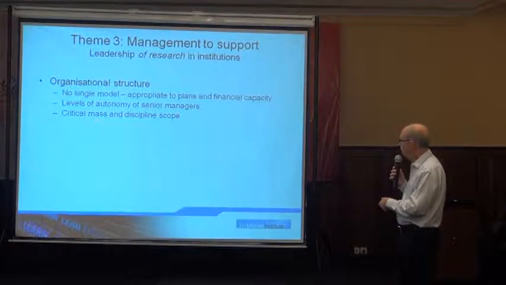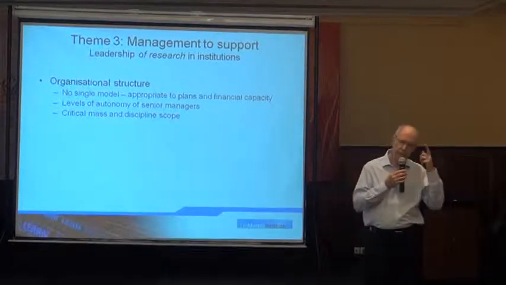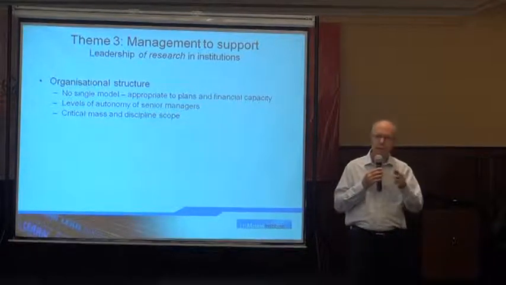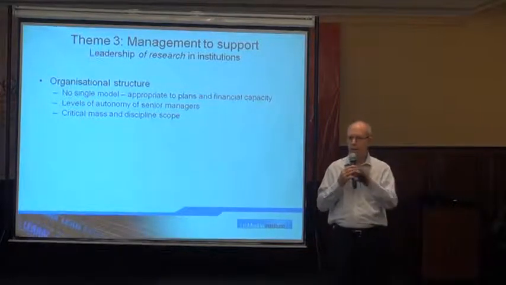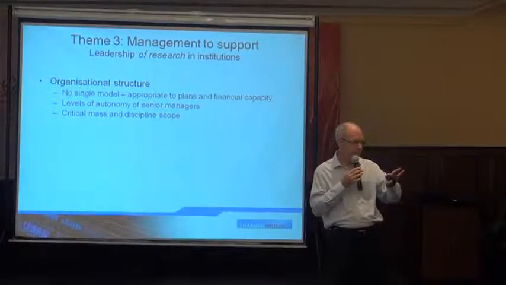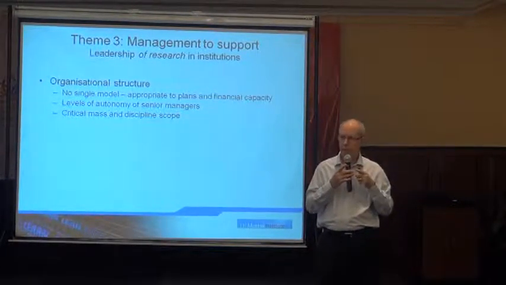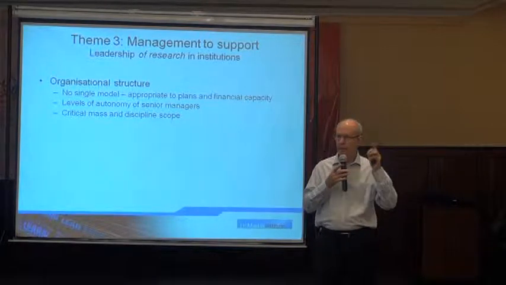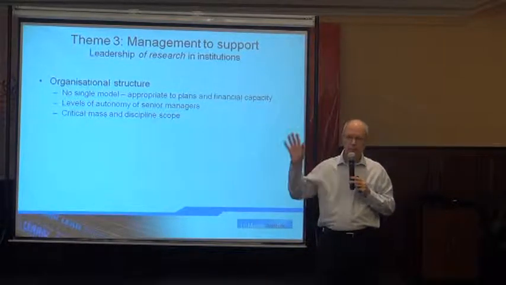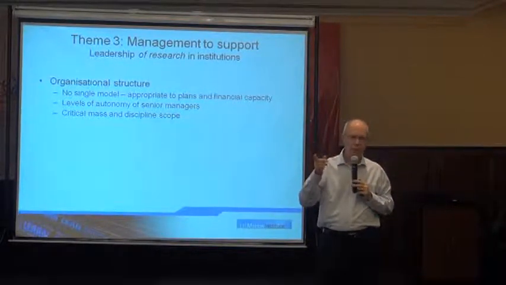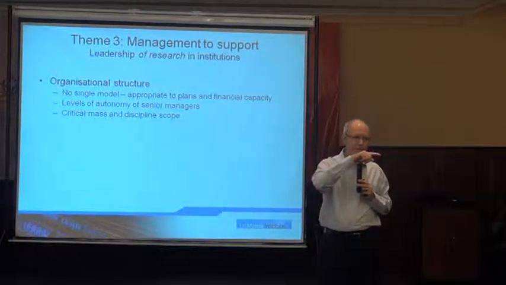Organisational structure is also important for developing critical mass and discipline scope. That comes back to considerations of how interdisciplinary do we want to be, how flexible can we be in our organisational structure to allow these things to develop. One of the barriers to interdisciplinary or interdepartmental collaboration is that head of department A has a budget, head of department B has a budget, and they don't want to have any money leaking from A to B or B to A. Okay?